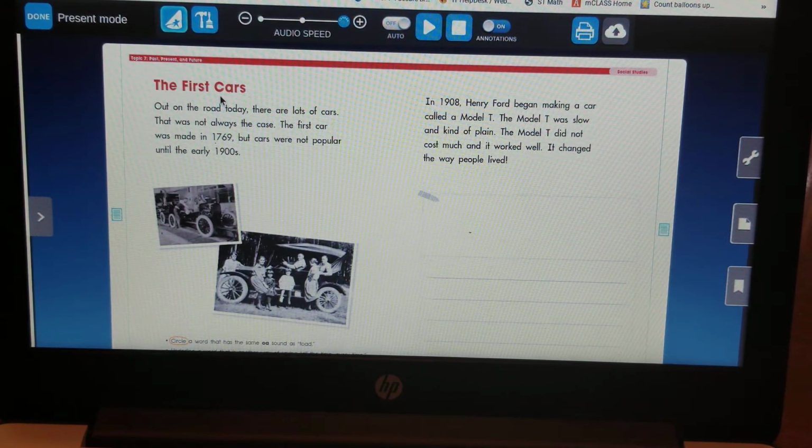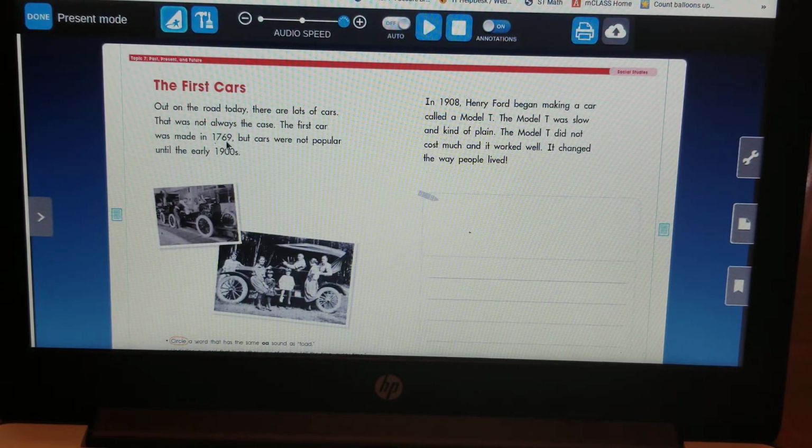But I want you to right now think about your car or cars that you've seen, and then look at these pictures. Are these pictures of cars now, or do you think they're pictures of cars from long ago? I know some of you are already looking at the numbers on the page, and you can tell that these numbers look like dates, and you're right.